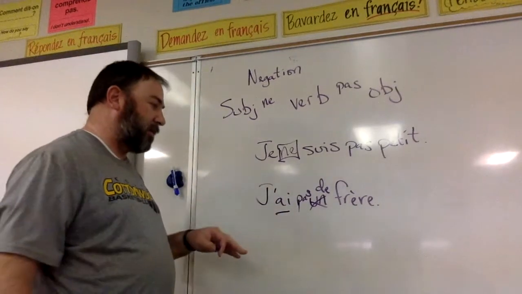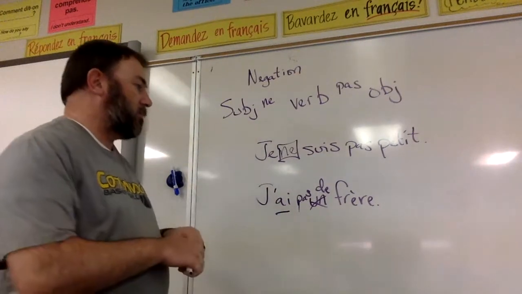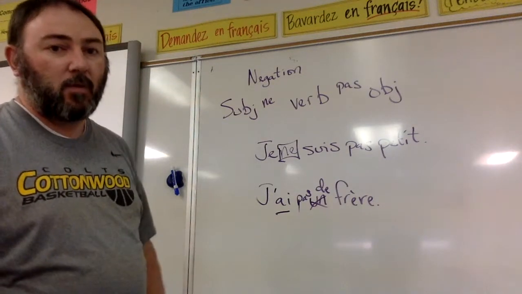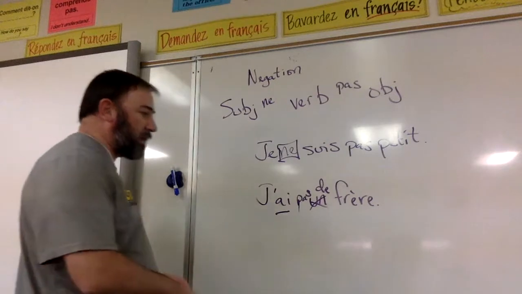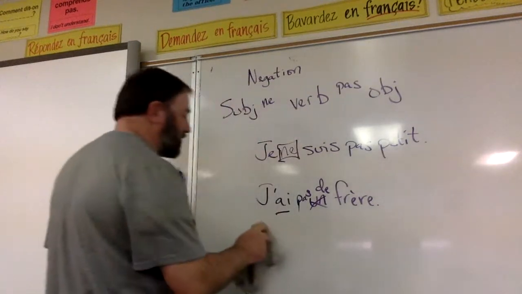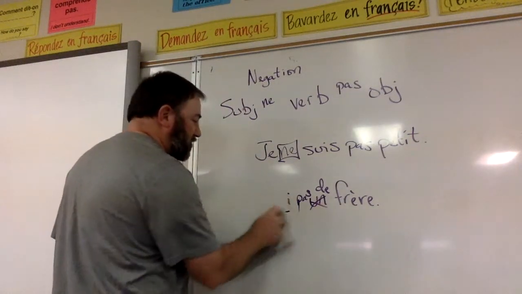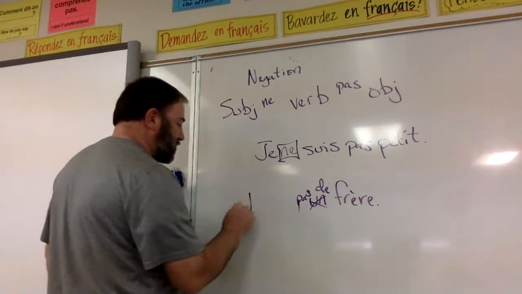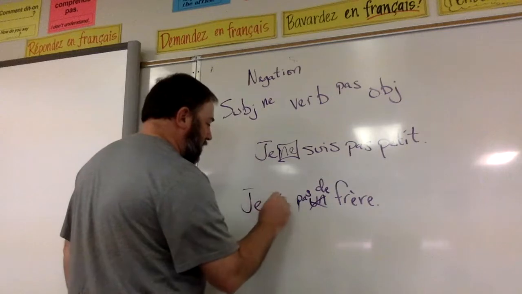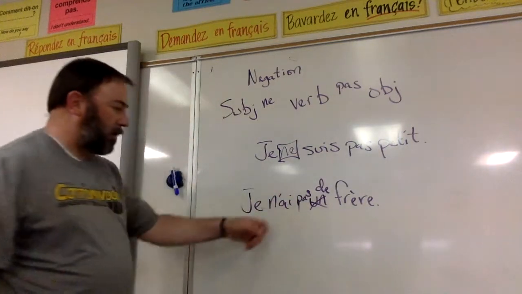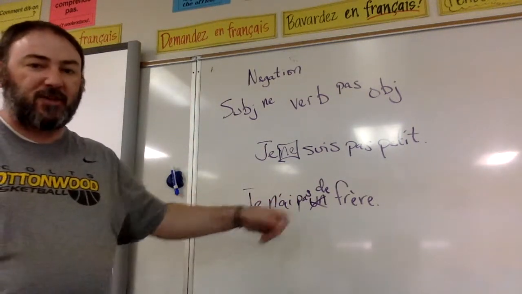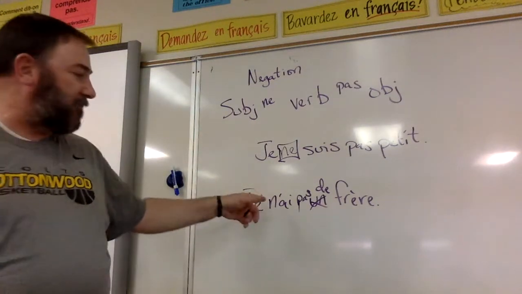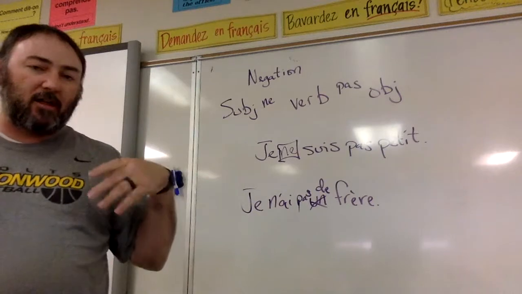J'ai pas de frère. Now, like I said, this is okay in speaking, but when you're writing it, you need to write it out correctly. So we need to change it. We need to have that ne in there. So it's je n'ai pas de frère. You have this N apostrophe AI, because with the ne, N-E, you've got a vowel followed by another vowel.